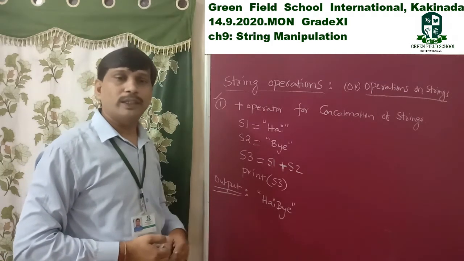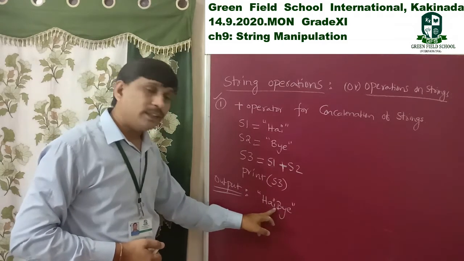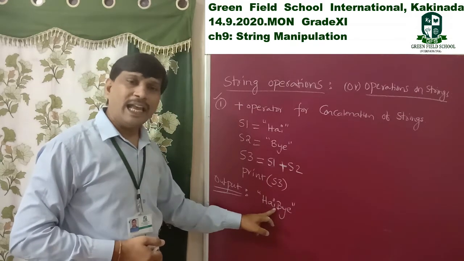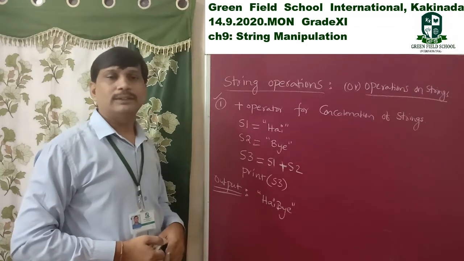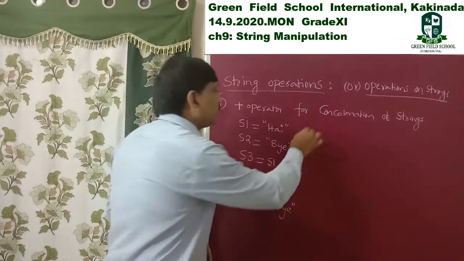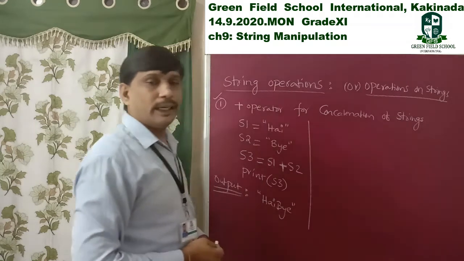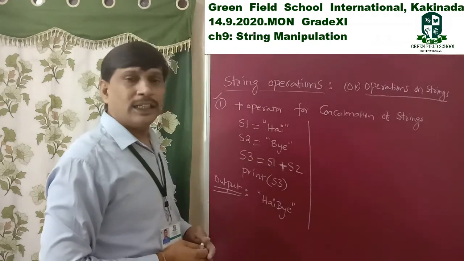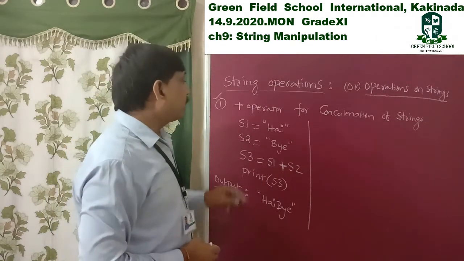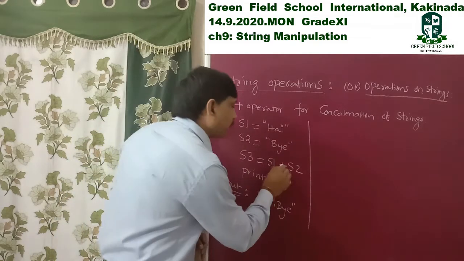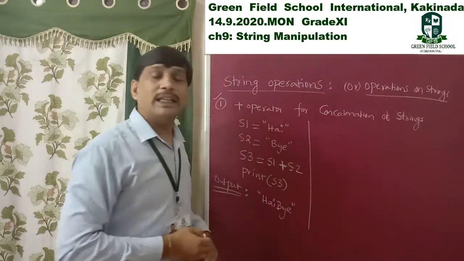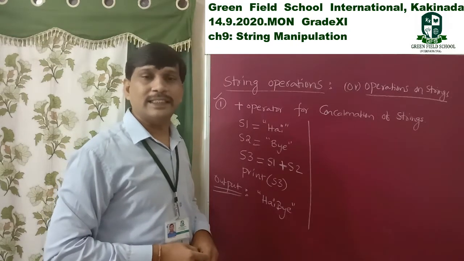See, without a gap. They are not maintaining any gap. "Hi" is immediately followed by "bye". See how this concatenation operation can be implemented. When we apply the plus operation, it is always treated as concatenation.